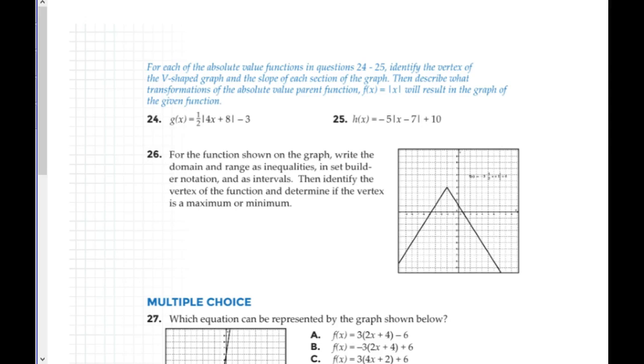What's the vertex and the slope? Okay, we're not doing slope though. Transformations. Okay, so the vertex, again, let's just do transformations. 1/2 would be a vertical compress. 4 would be a horizontal compress as well.